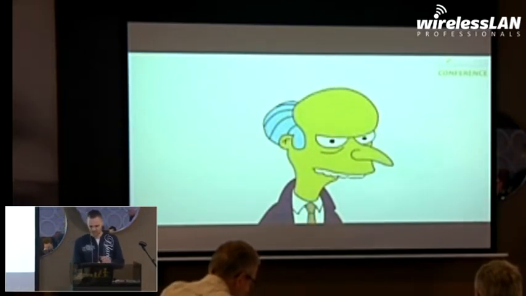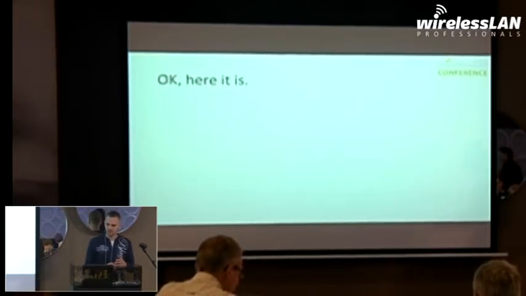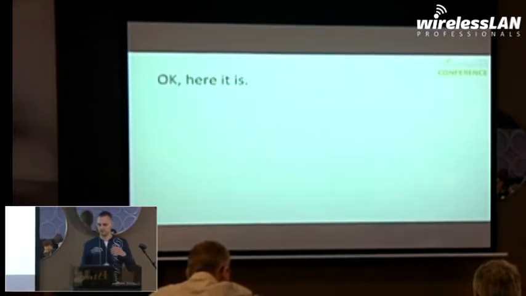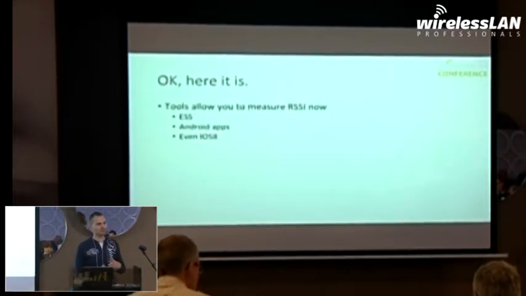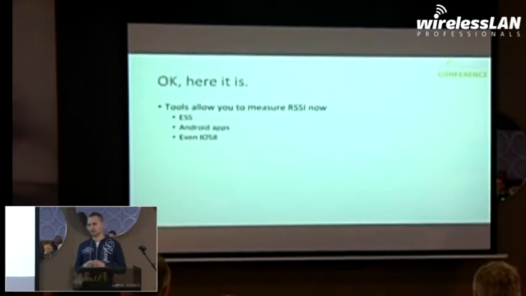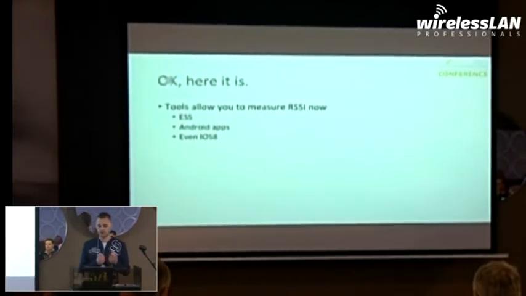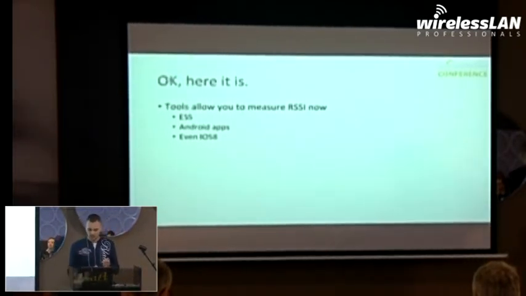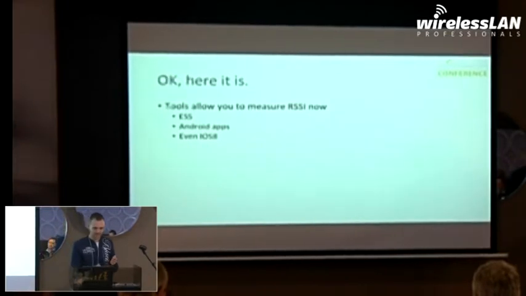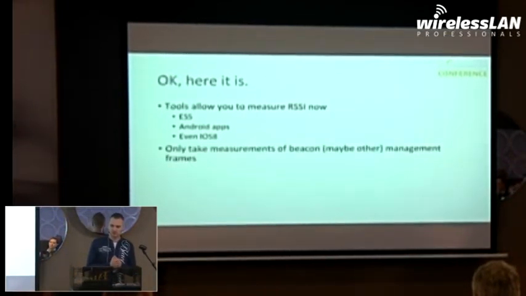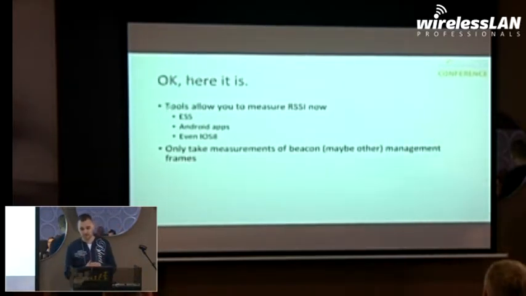So here's the basic deal. We've got tools like Ekahau, we've got Android apps, and they all show us RSSI data. But that's data that's mostly taken from beacons and whatnot, and maybe some other management frames.